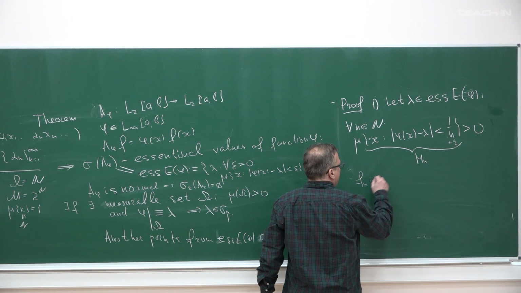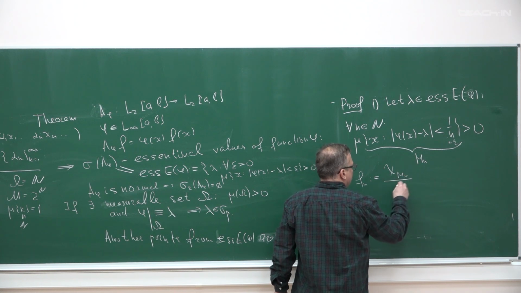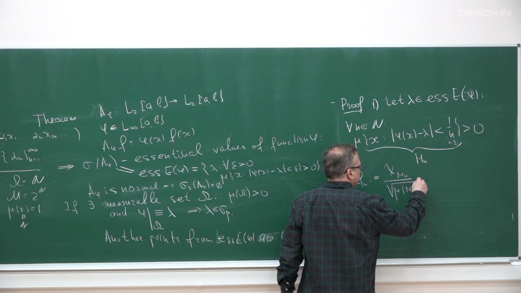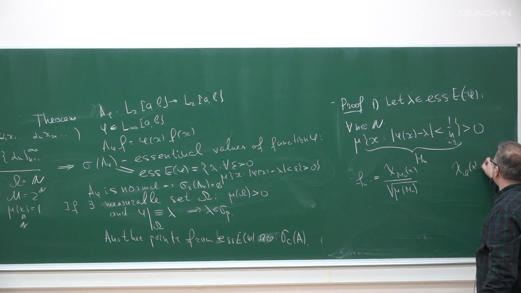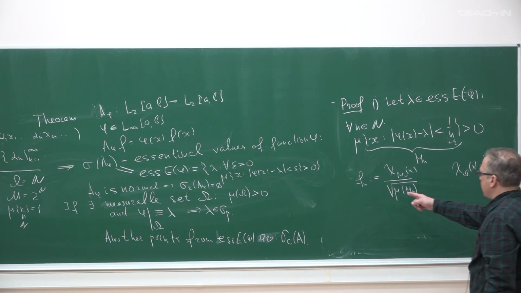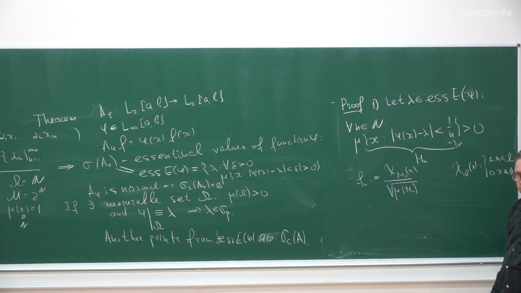And define function fn as the characteristic function of set Mn divided by the square root of the measure of Mn. Here the characteristic function is 1 if x is from the set and 0 otherwise. It is the indicator. What can you say about the norm of this function in L2? 1.